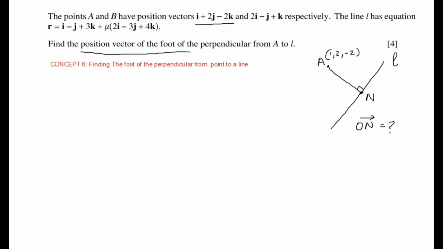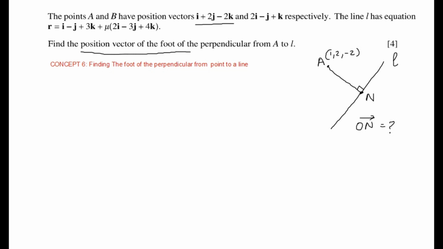All right, so in order to do this, we start like this. We'll be using the dot product of AN and the line L and equating it to 0 because they are perpendicular. But to get to that point, the first step is always to name the foot of the perpendicular, which we've already done.